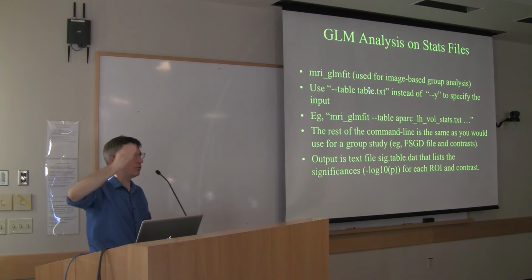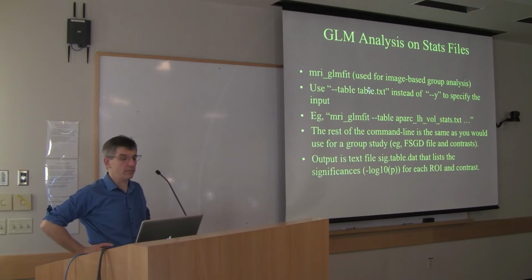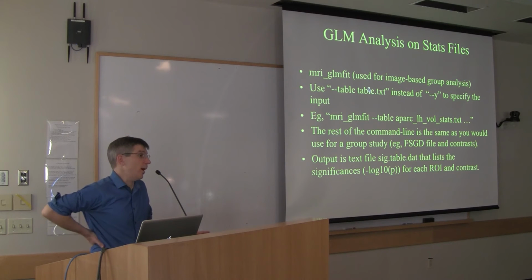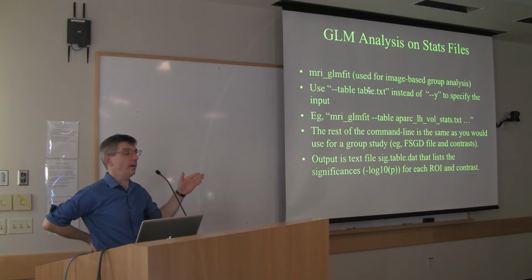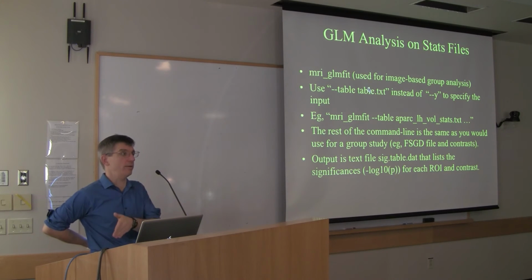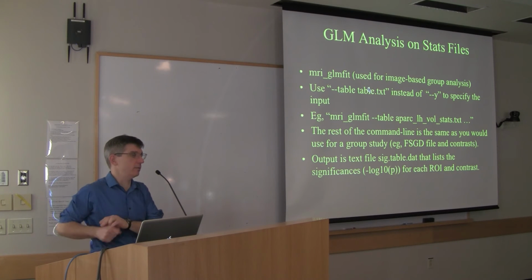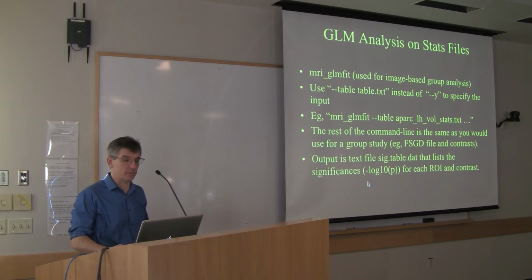It basically just treats every ROI as if it were a different voxel or a different vertex, and it just goes off and performs your statistics on those ROIs. This can be handy because then you have just one statistics program, mri_glmfit, and you can apply that one program to your voxel data and to your ROI data. Everything else is basically the same after that.